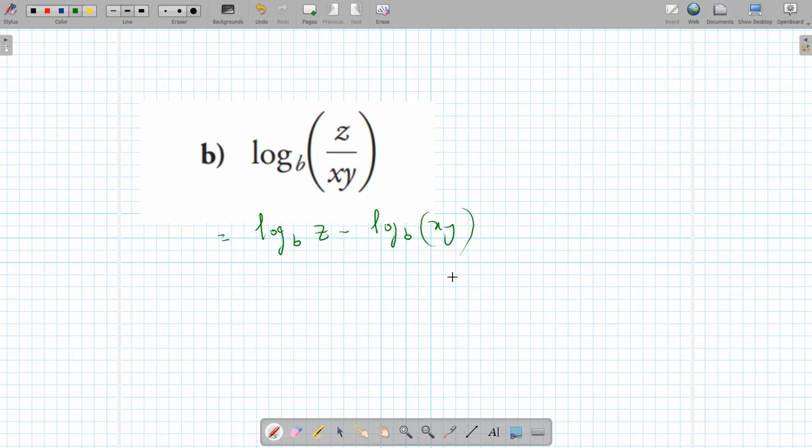No. You see xy, we can split that further because they're two different things here. We can split them apart. It's going to become minus log b of x and then minus log b of y. And that's it. And this one is a minus here because this negative applies to the x as well as the y. So they both end up becoming a negative.